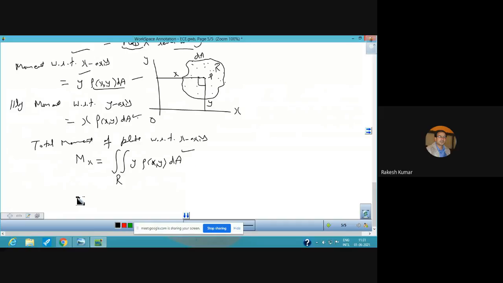This is the total moment with respect to the x-axis. Similarly, the total moment with respect to the y-axis is denoted by My, with lever arm x, rho xy dA. Now you just need to remember these formulas and find out the results.